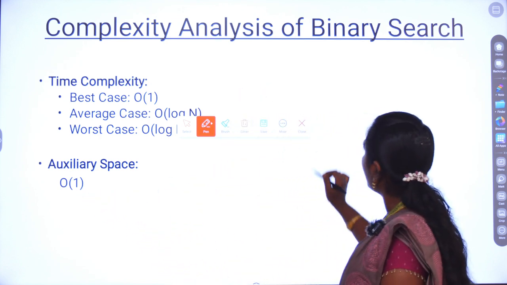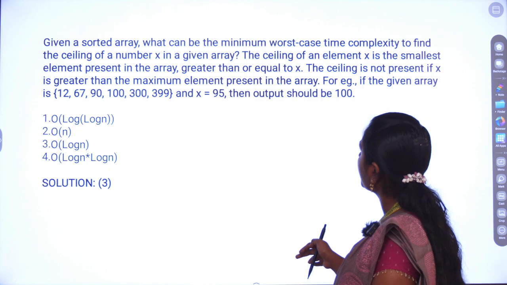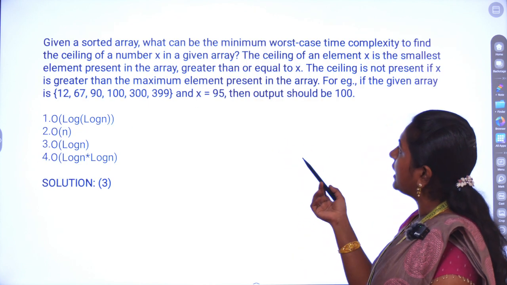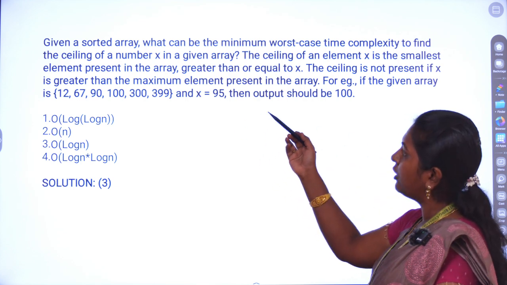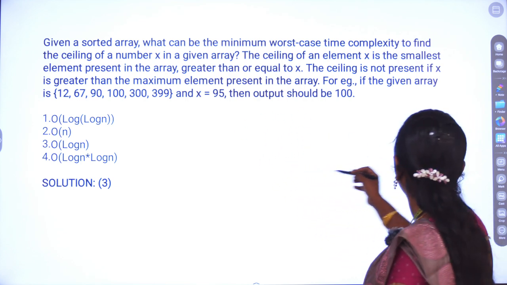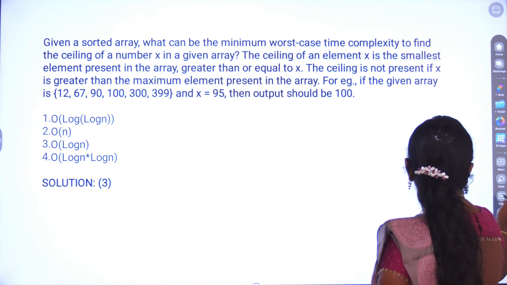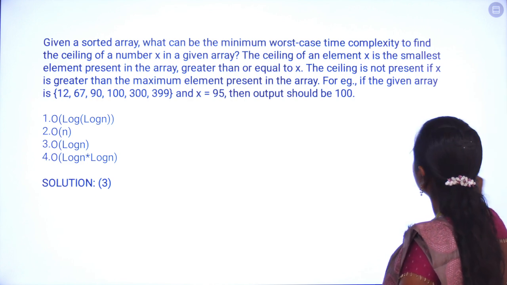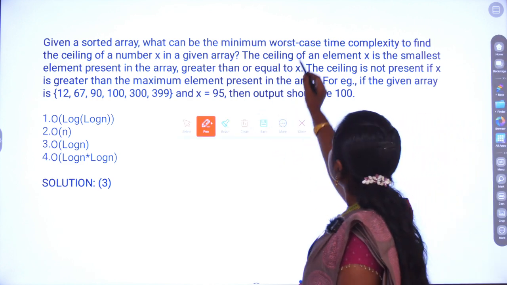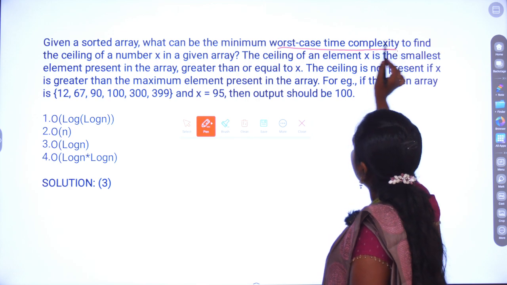Now coming on to a problem. Given a sorted array, what can be the minimum worst case complexity to find the ceiling of a number x in a given array? They have asked you to find the worst case time complexity.